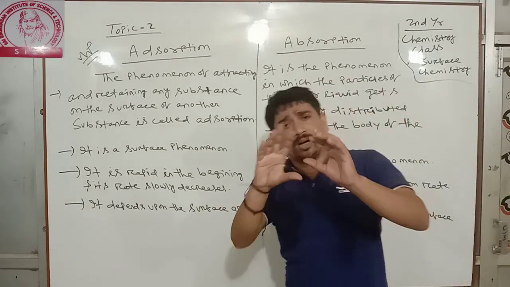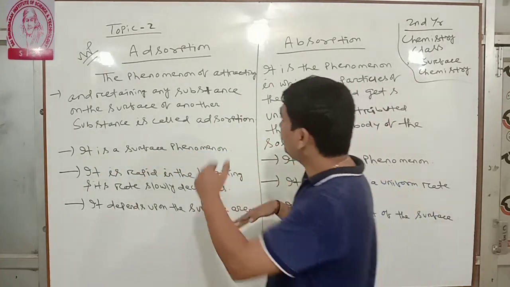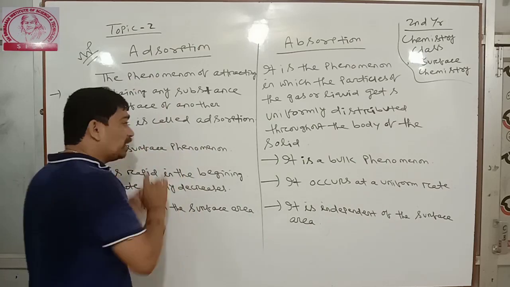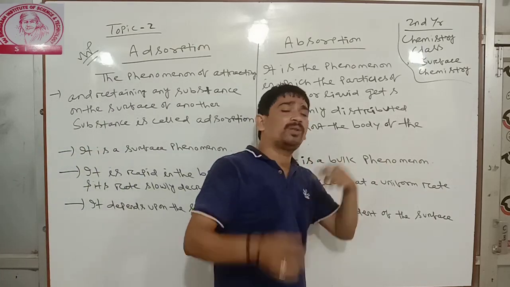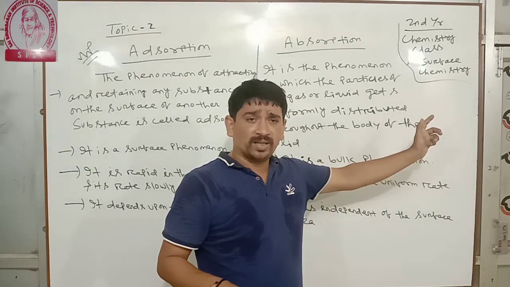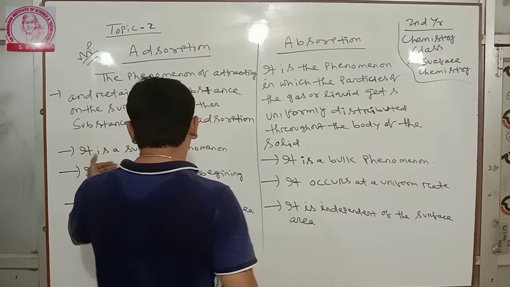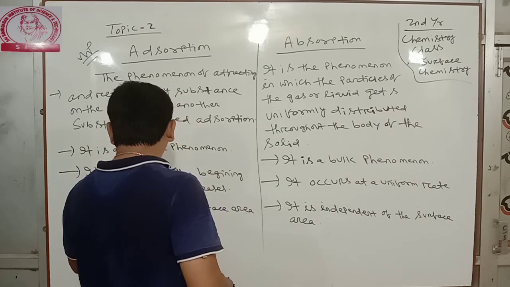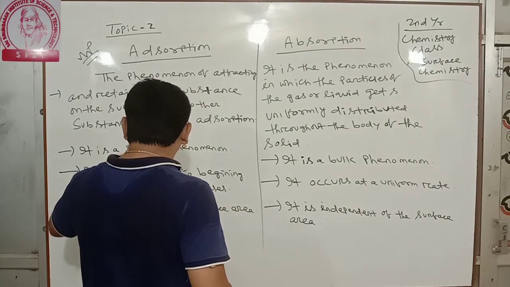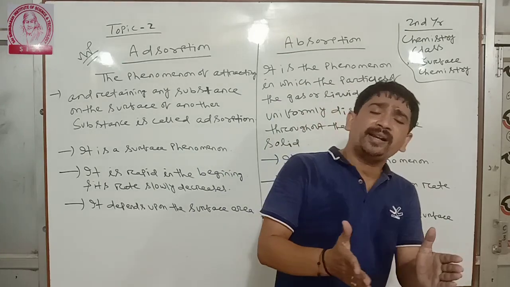Adsorption occurs on the surface, but absorption occurs throughout the bulk of the material. Next, adsorption is rapid in the beginning, and its rate generally decreases. At the beginning it occurs fast, and after that its rate decreases.